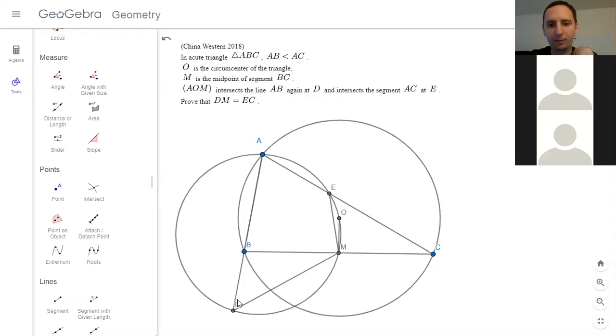So I'm just trying to think how to do the angle chase. So angle DBM, it's 180 minus ABC. And is it obvious that 180 minus ABC, is it obvious that angle ABC is equal to angle EMB?